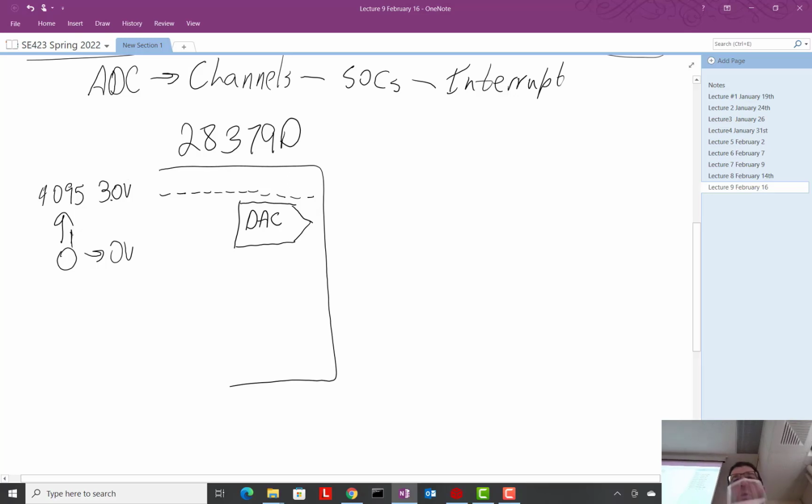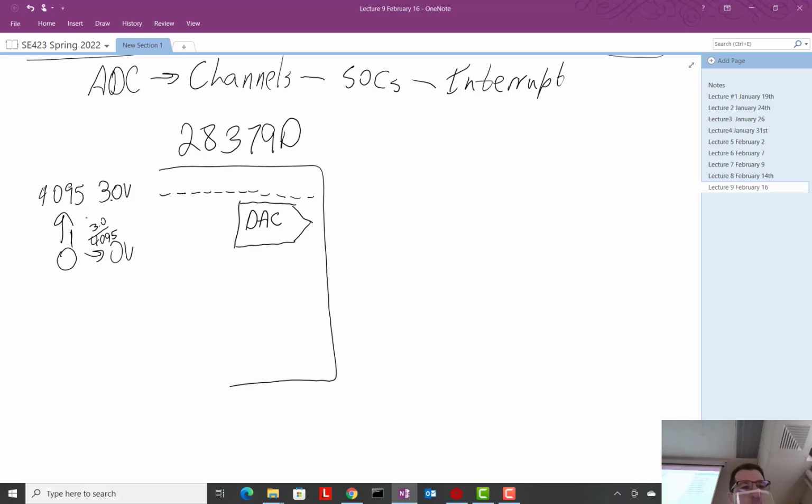If we output the integer 1 to the DAC, that's telling it to output 3.0 divided by 4095. Do you agree with that? That's the minimum voltage you can output, other than 0, of course. The next step is our resolution, 3 volts divided by 4095.